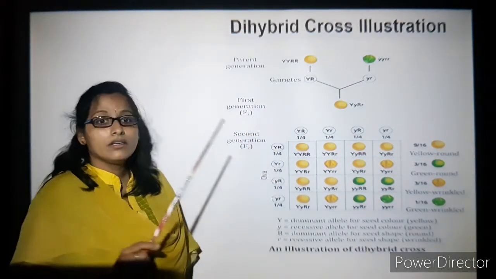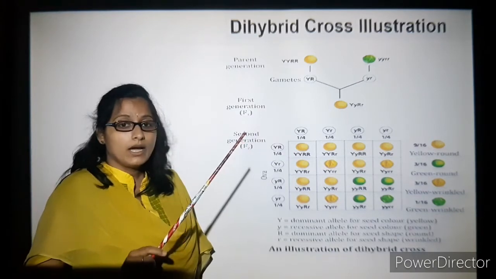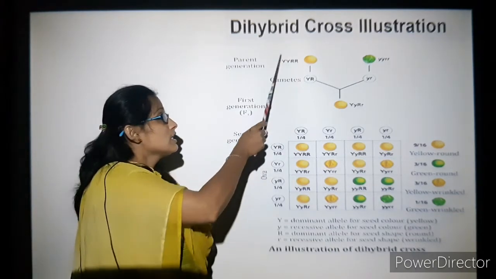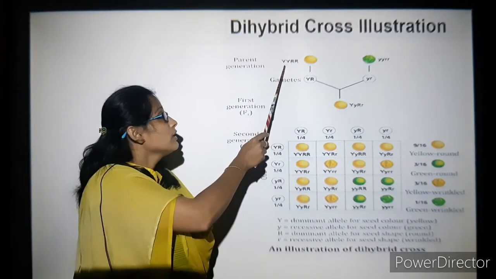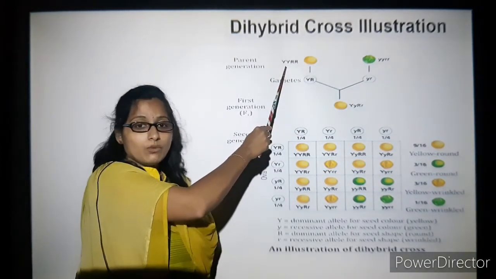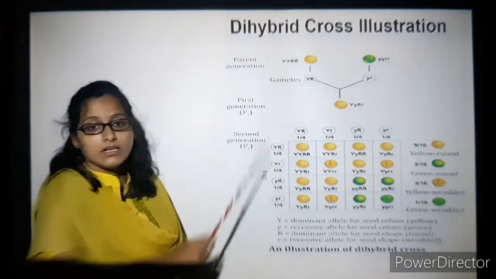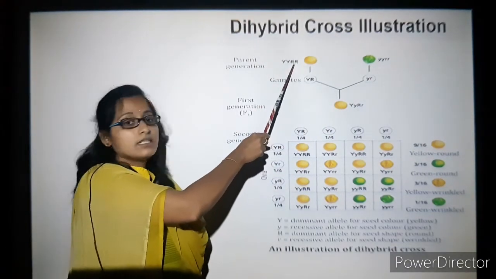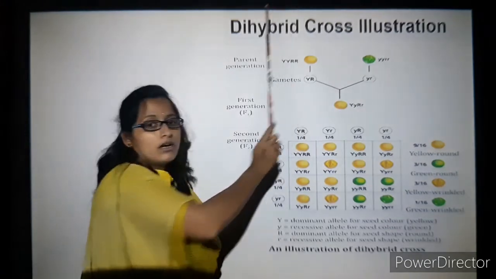Wrinkled green you will not write as W and G, as here it is already written as dominant; opposite to this. So here you have written big letter Y, you will write it as small letter y there, and big letter R you will write it as small letter r.